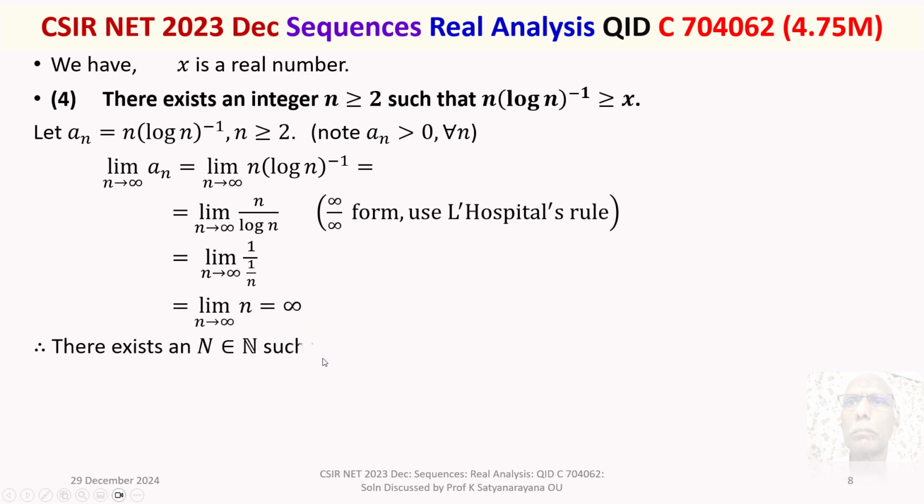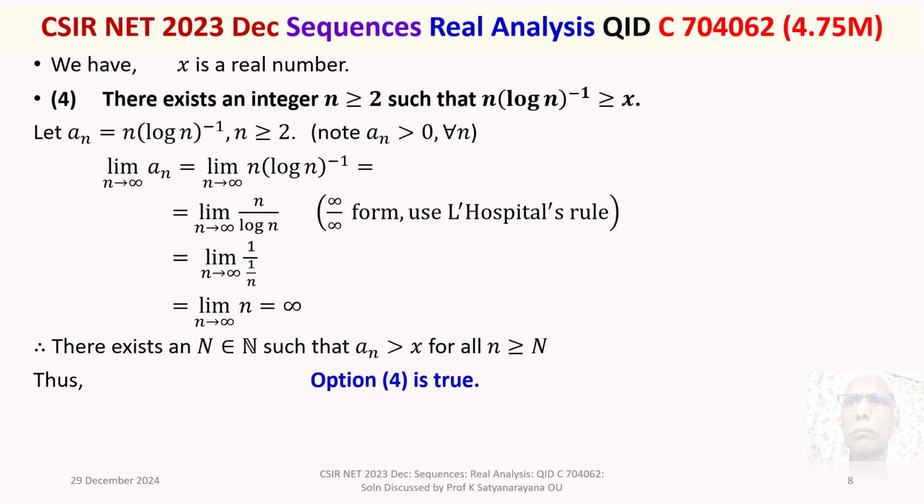Therefore, there exists a positive integer capital N such that a_n is bigger than x for all n greater than or equal to N. Therefore, option 4 is also true. So 1, 2, 4 are true.